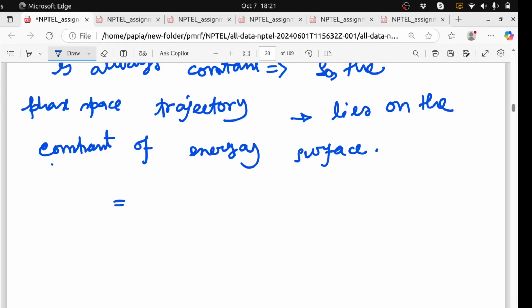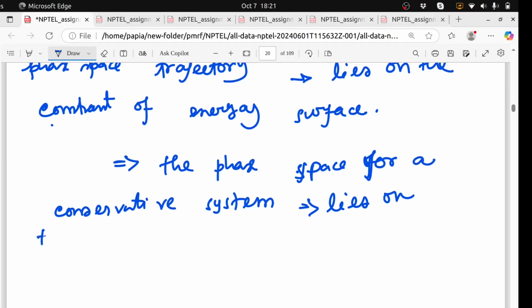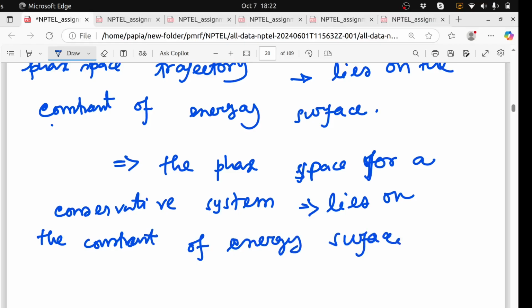So I can say that the phase space for a conservative system lies on the constant energy surface.